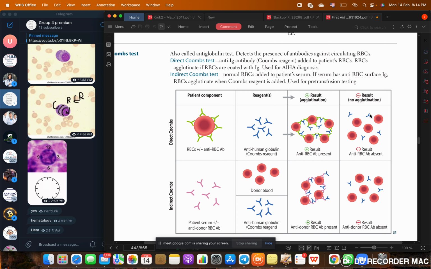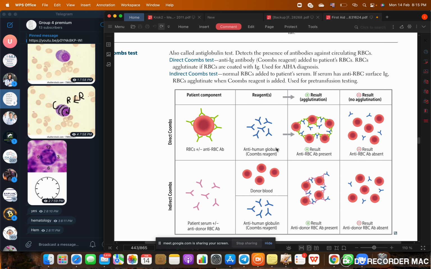Basically, what we are doing, we are checking if the patient RBCs have antibodies on them. So if you are checking the antibodies on the RBC, we call it direct Coombs test. If you are checking the antibodies in the serum, we call it indirect Coombs test. So in the direct Coombs test, what do we do? We add anti-human globulins, which is the Coombs reagent, which are going to only bind to the what? To the antibodies.